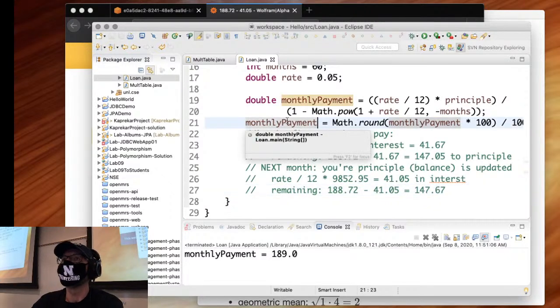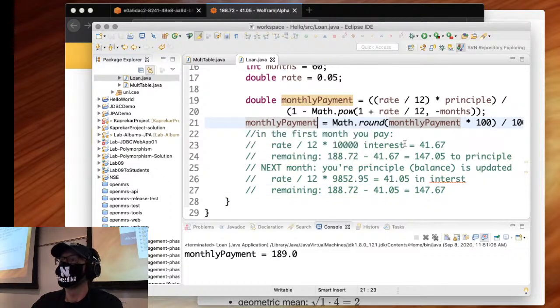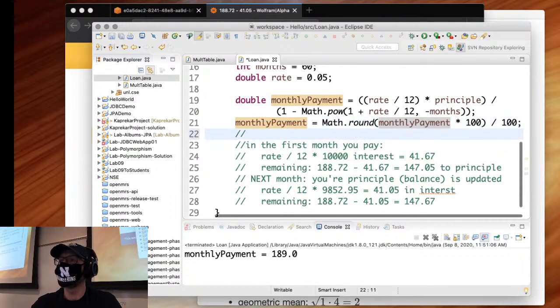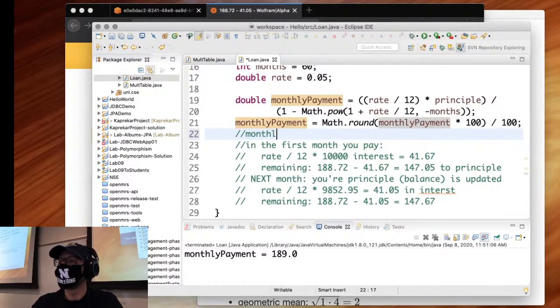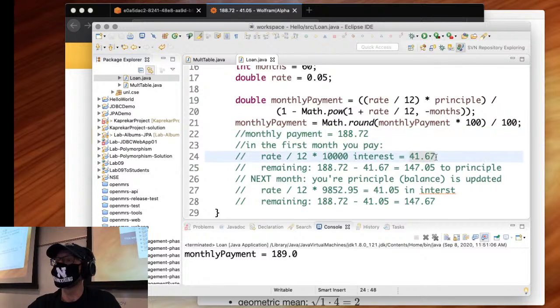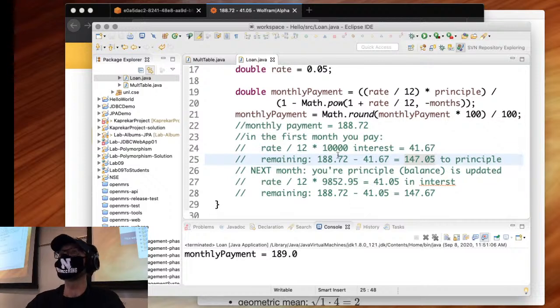That's the monthly payment. Remember that the monthly payment is equal to $188.72, right? Okay. So that's how much we're paying each month. But only part of it goes to interest, and the other part of it goes to principal, right, to pay it down. So I've got my first two iterations here.